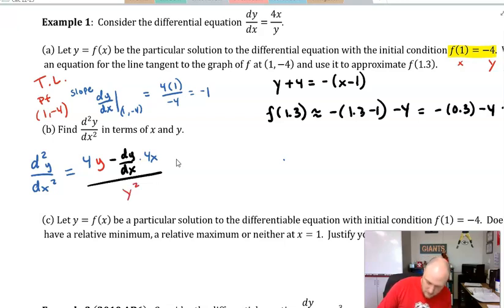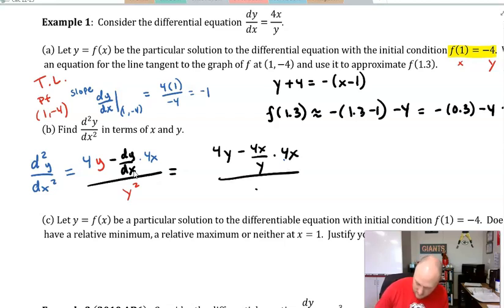They want it in terms of x and y. So we just substitute back in dy/dx. This gives us 4y minus dy/dx, which is 4x over y, times 4x, all over y squared.